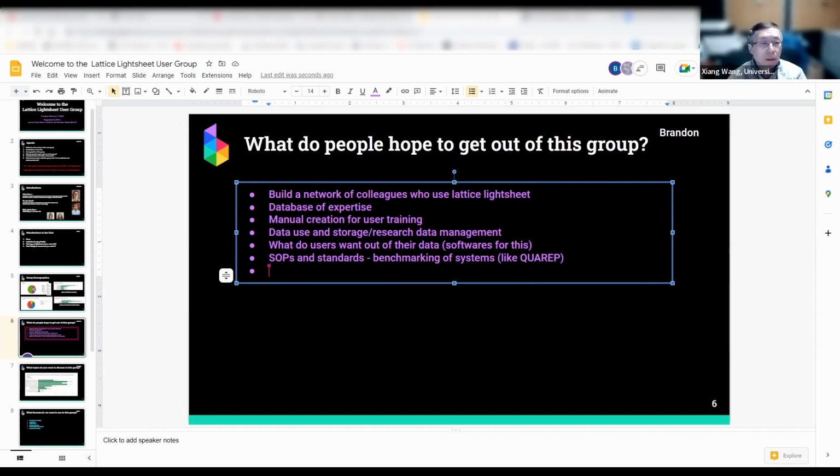Okay, so my name is Xiang Wang. I'm from University of Utah. We have an imaging core. We serve about 300 users annually. Right now we don't have any light sheet microscope. So my goal is to seek some help to decide which type of light sheet microscope could fit in our core.